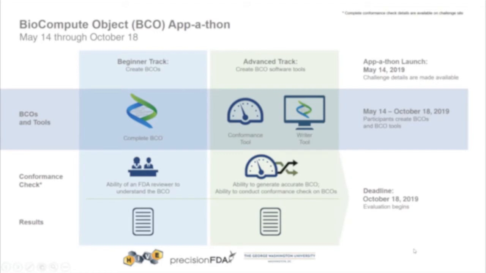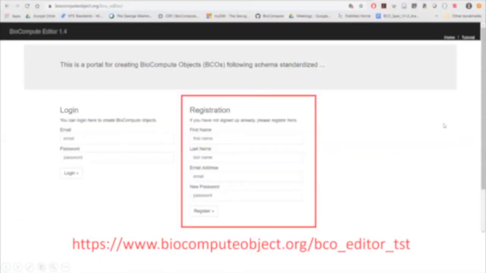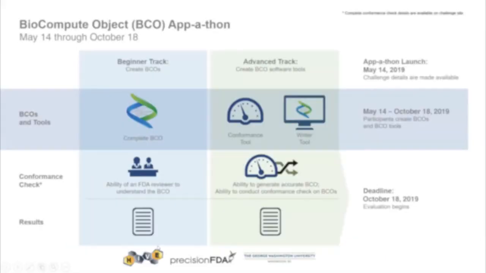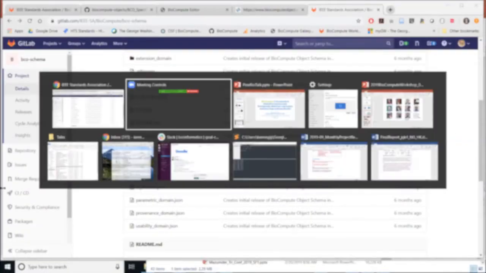Sorry, Jonathan, can you maybe paste the link in chat, or go back to that previous slide real quick? Yeah, you're talking about the App-a-thon site? No, I'm talking about the BioCompute one. Oh, yeah, that one. There you go. You could just paste that in chat for everyone. Sure, let me get out of there.